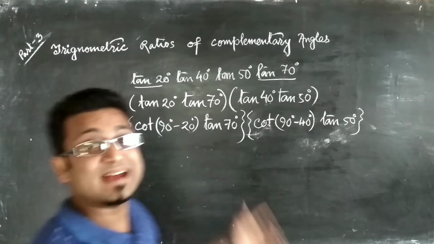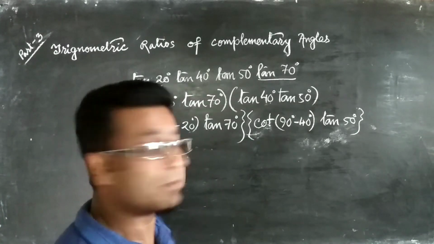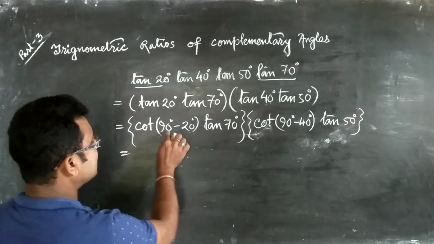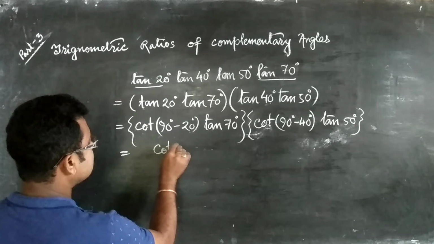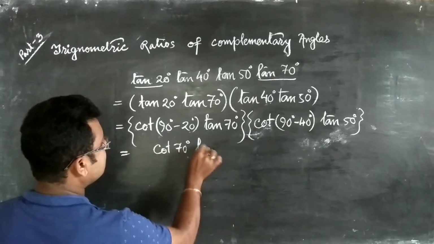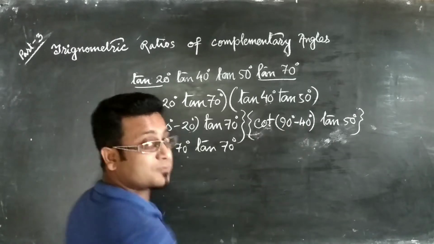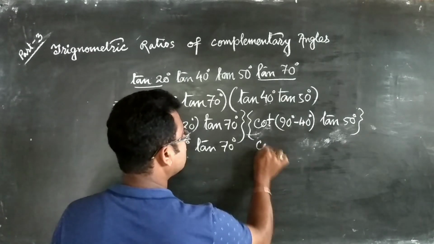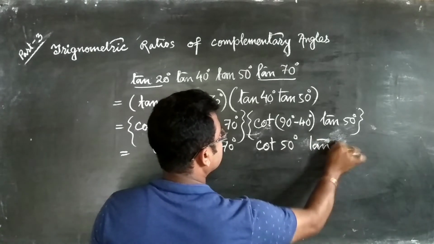Because we have to make the angles equal. Until and unless they are equal, we cannot do any mathematical operation. Now cot of 90 minus 20, what will it be? 70. So you write cot of 70, tan of 70, and from here cot of 90 minus 40, 50. So it will be cot of 50 degree, tan of 50 degree.